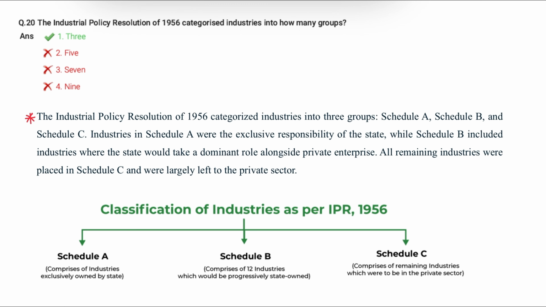The Industrial Policy Resolution of 1956 categorized industries into three groups, that is Schedule A, B, and C. Industries in Schedule A were the exclusive responsibility of the state, whereas Schedule B included industries where the state would take a dominant role alongside private enterprises, and all remaining industries were placed in Schedule C and were largely left to the private sector. So it is categorized into three groups. Correct answer option 1.